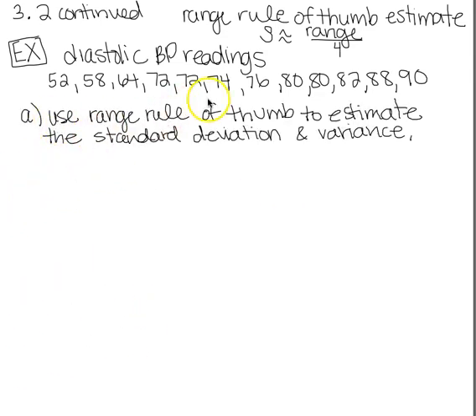So the first thing we're going to do is related to this formula. We're going to use the range rule of thumb to estimate the standard deviation, and then subsequently also the variance. Within doing that, we actually find all 3 of our measures of variation, because in order to use the range rule of thumb, we have to calculate the range, which is our 3rd measure.